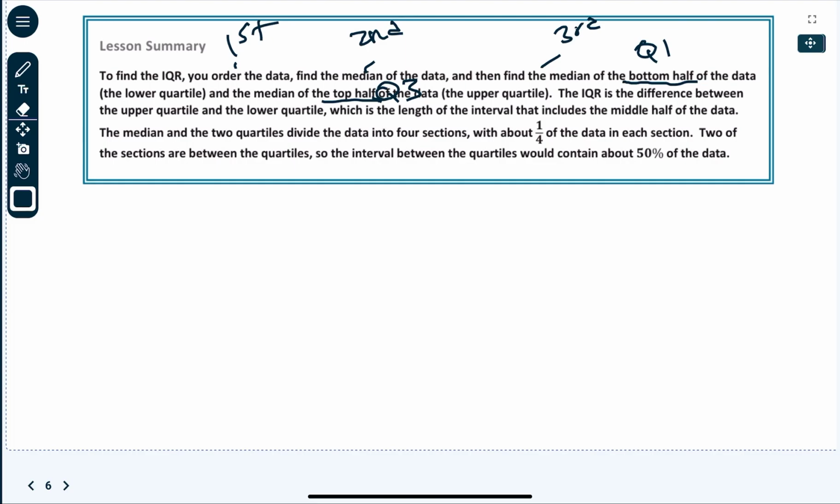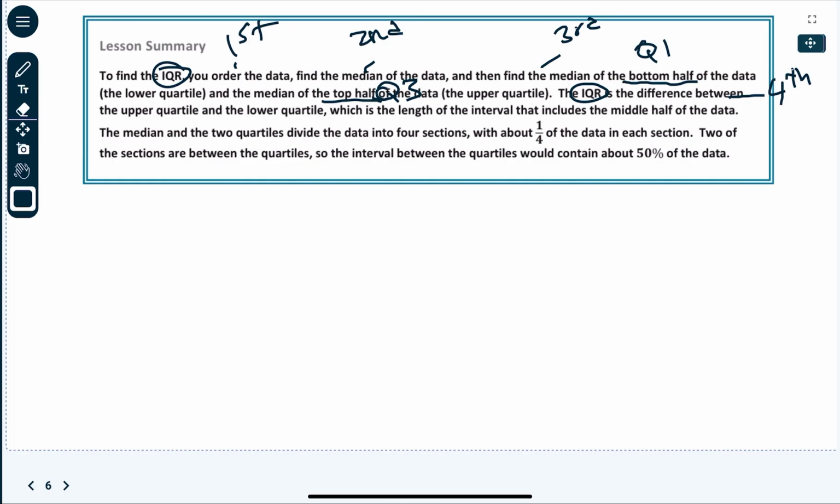The IQR is that difference. So the fourth thing you're going to do is subtract the Q1 from the Q3. And that's going to give you the length of the interval that includes the middle 50%.